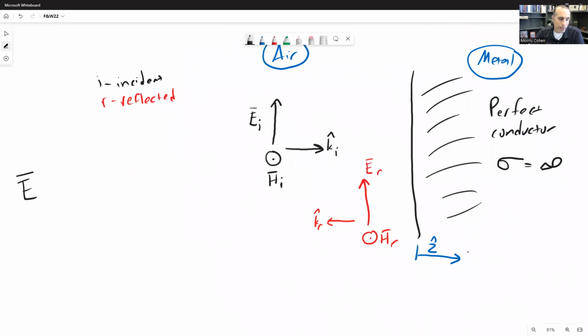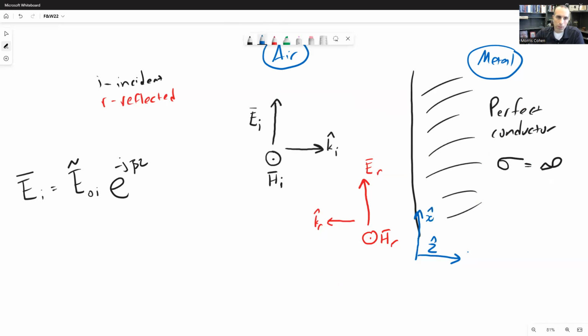All right, so the electric field, we're going to write this as E0I, and that's going to be a phasor, times e to the minus j beta z. And let's just pick a direction and say that this direction upwards along the boundary is the X direction.